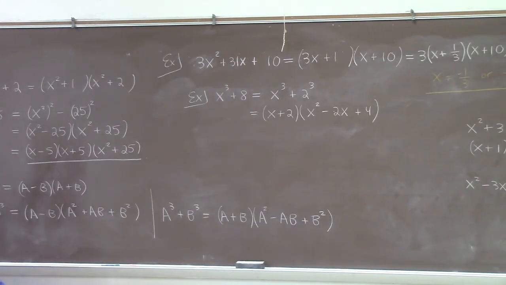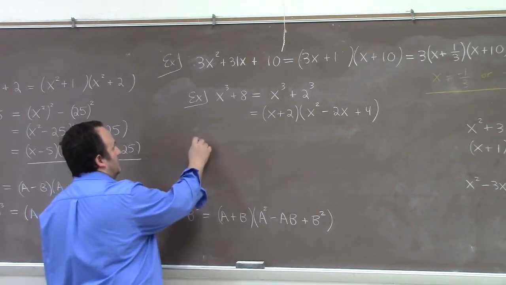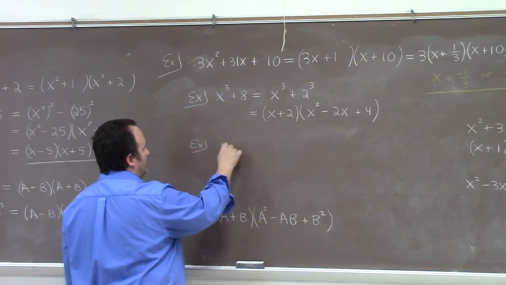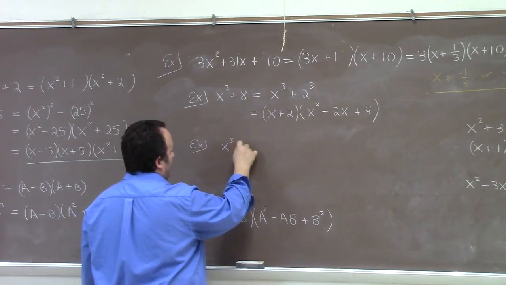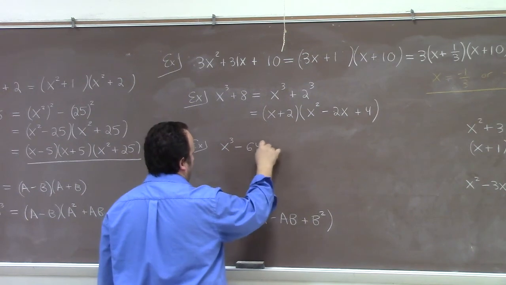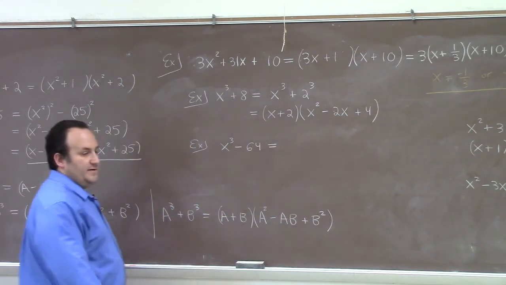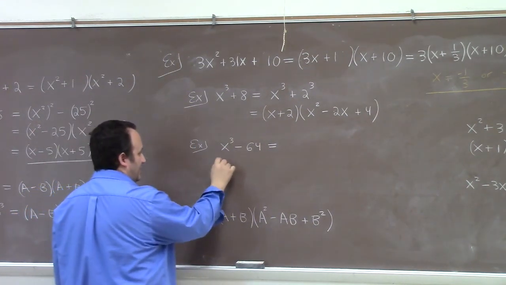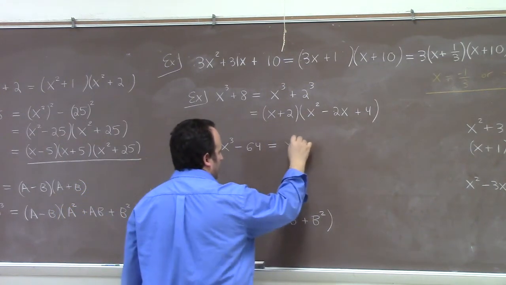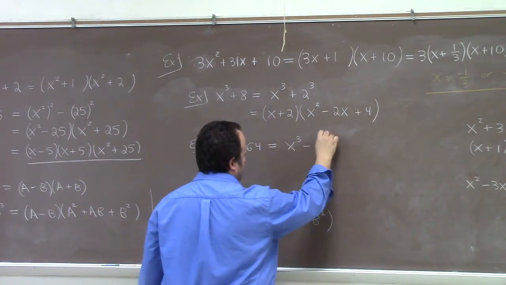What if we had, let's see here, I'll do another one. How about x cubed minus 64? So here I'm identifying, this is like x cubed minus 4 cubed, right? 64 is 4 cubed.